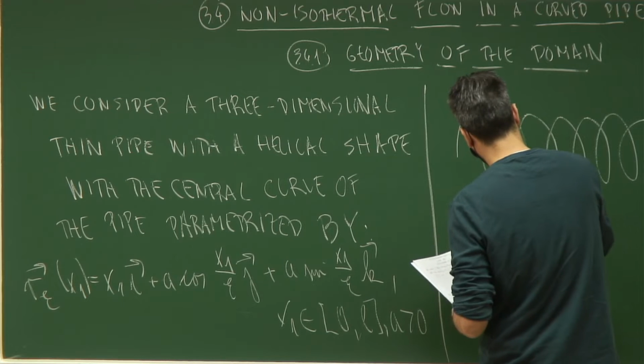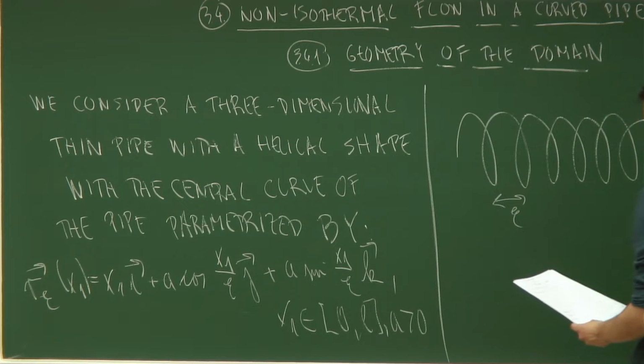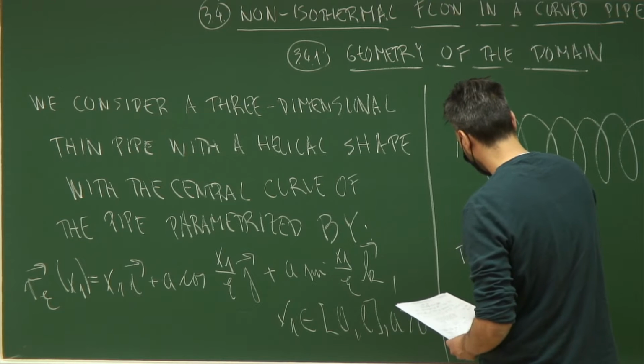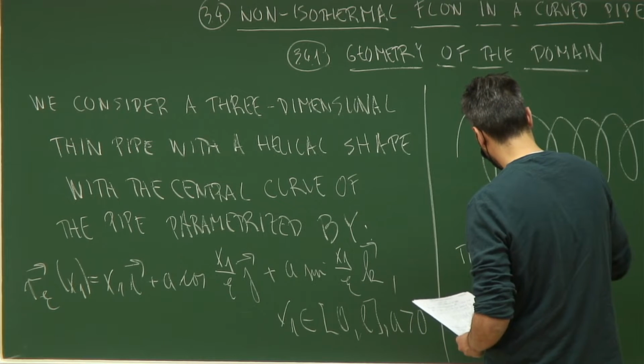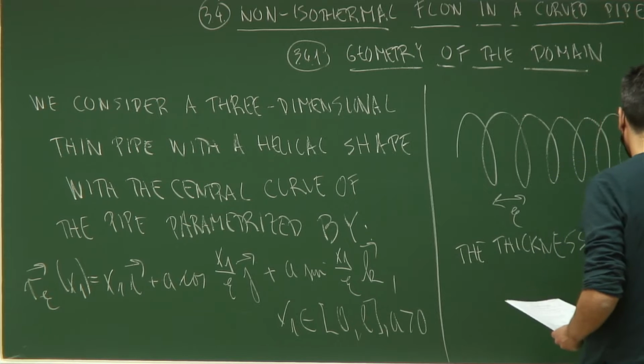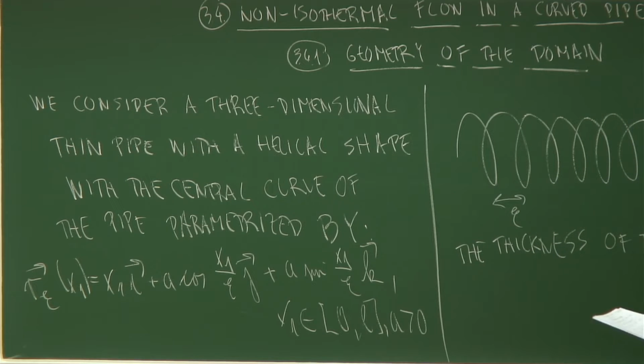So this is of order epsilon, and the thickness of the pipe is of order epsilon.